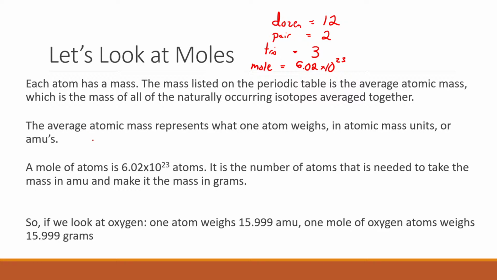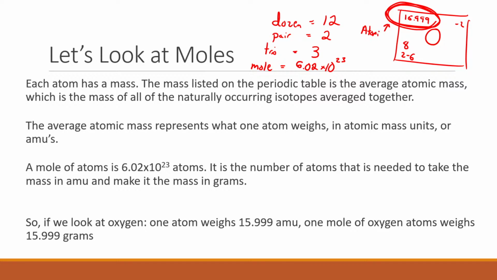On the periodic table, if we look at any box, we see a number of pieces of information. We're going to focus today on this piece of information here. This number is the atomic mass.